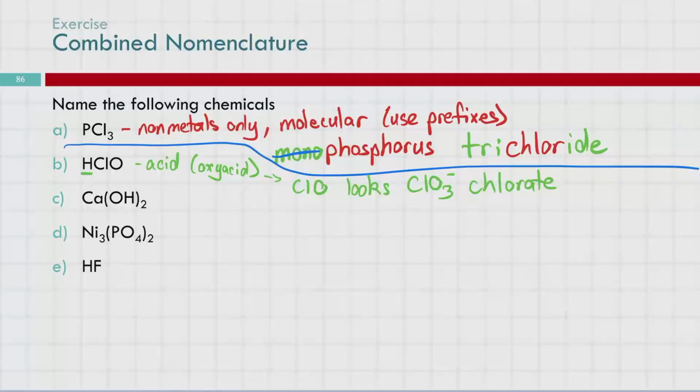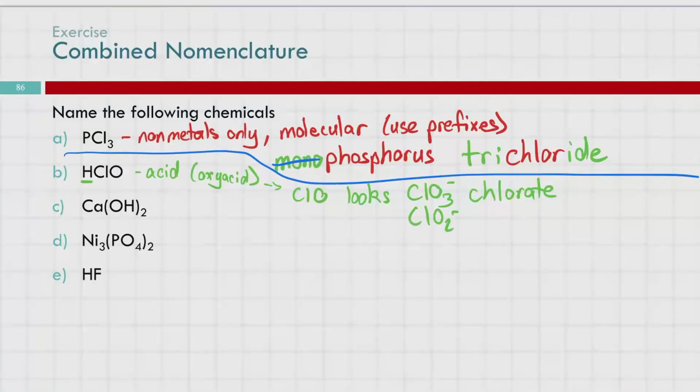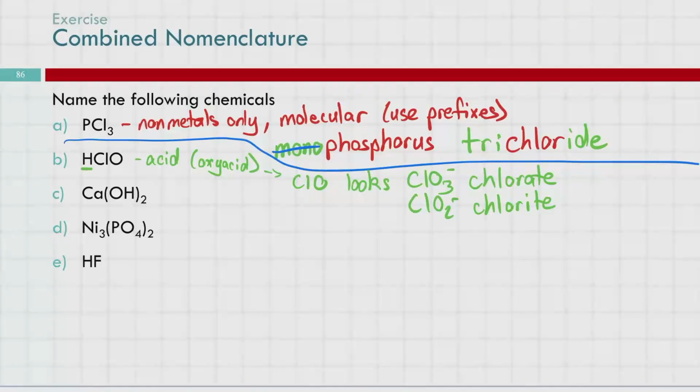What's different? 2 fewer oxygens. If we take off 1 oxygen from the ate ending version, how do we change it? We change it to ite. So ClO2- would be chlorite. If we wanted to do another one, how would we change it?